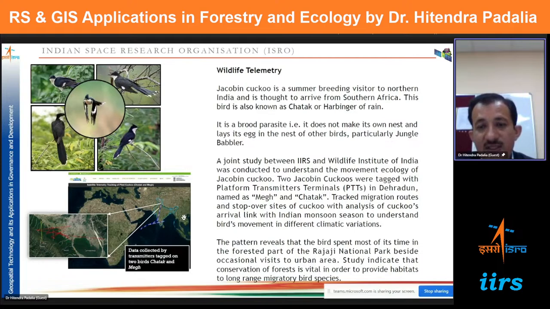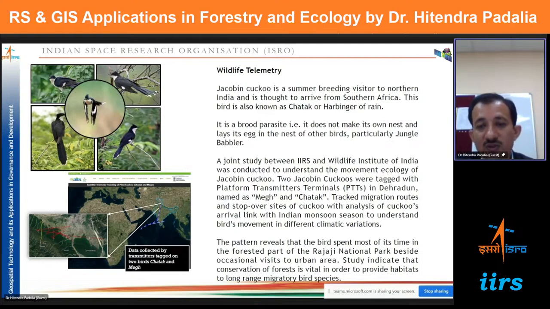So this type of satellite telemetry is really coming up, and now as receivers are becoming smaller and smaller in size, and weight is getting reduced, there is a lot of scope in the coming time that even very small birds, small mammals or other small animals can also be tagged with these, and their movement can be observed from space.